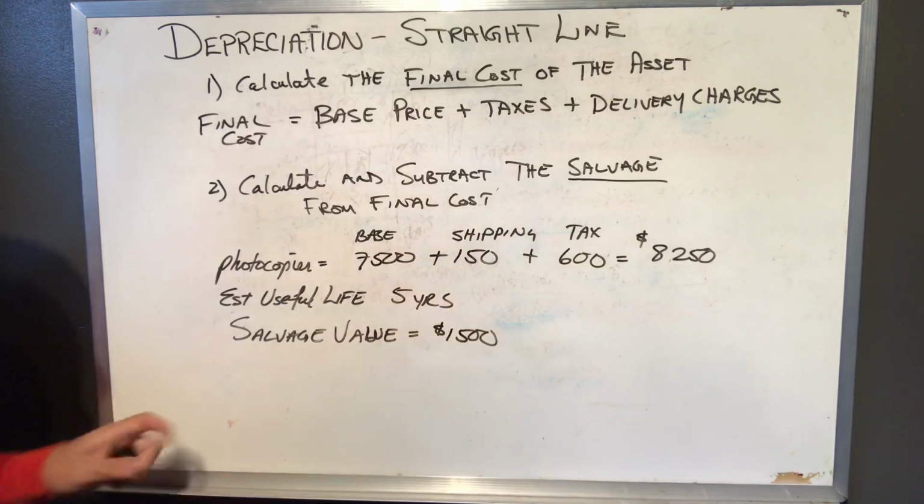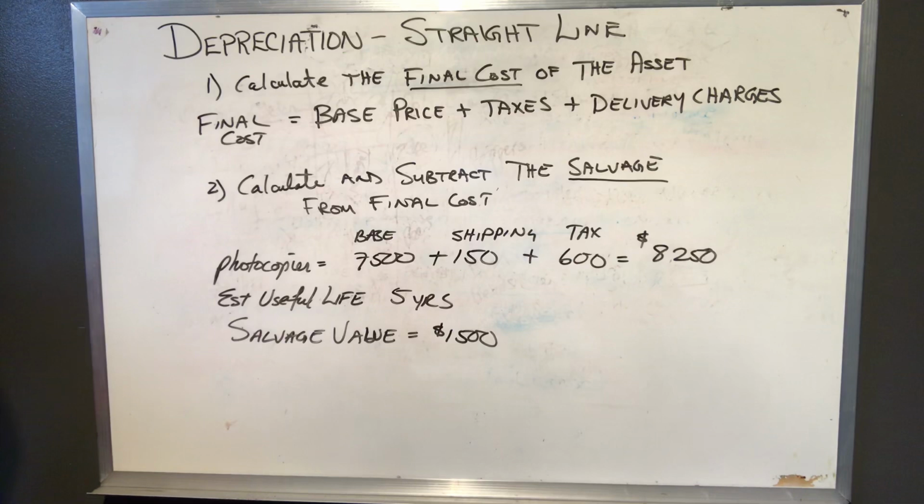Now we have all the information necessary for us to calculate the straight line depreciation. So coming up with a salvage value, again, like I had alluded to, it's not an exact science, but you want to be conservative.